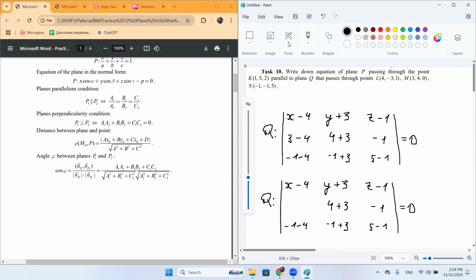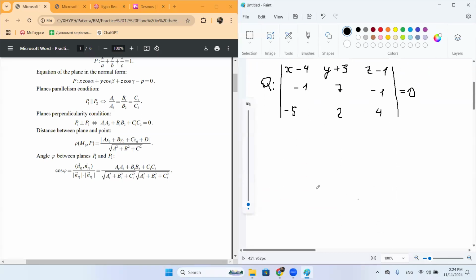Minus 1. Here is minus 5. 7. By the way, I can erase almost everything here. 2, 4. Okay, and let's calculate the determinant.